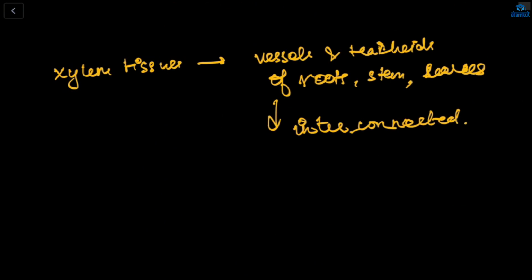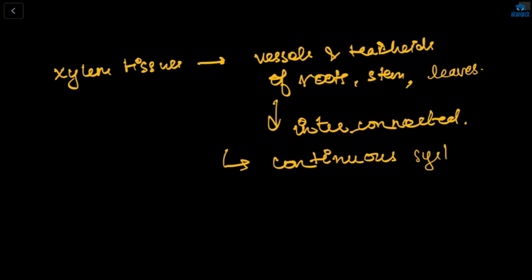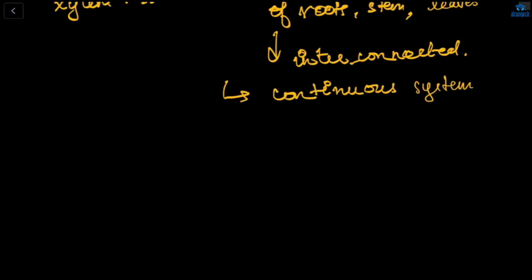So the water will go through the vessels and tracheids of the roots, then it will go to the vessels and tracheids of the stem, then it will go to the leaves, like that. Understood? Yes, ma'am. This will be a continuous system. After stem, it is leaves. This will create a continuous system of water conducting channel.